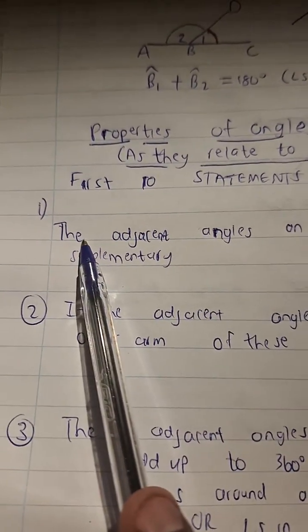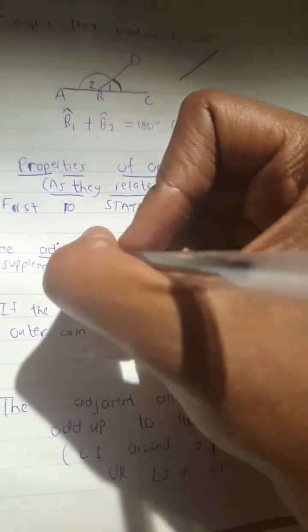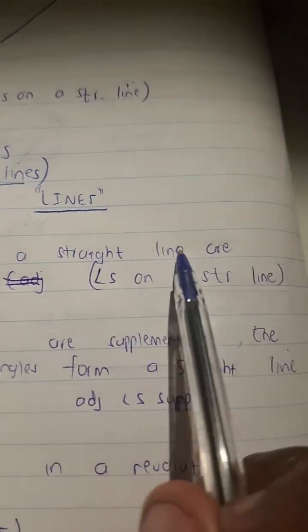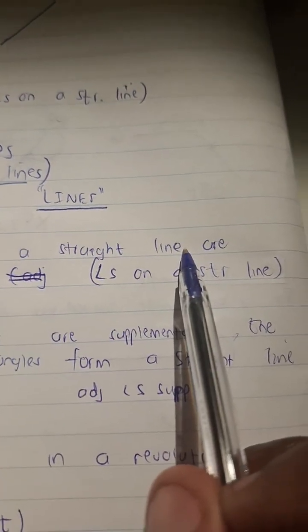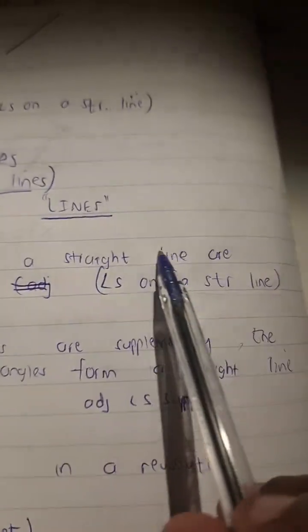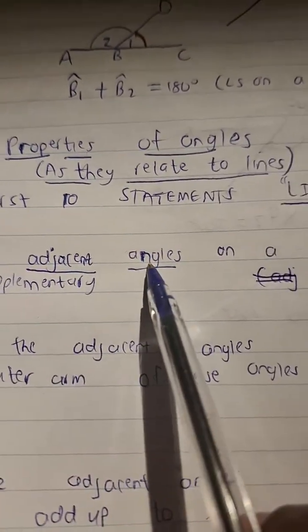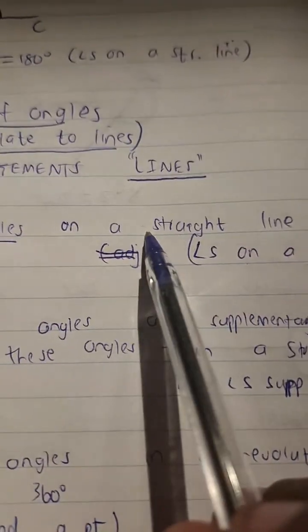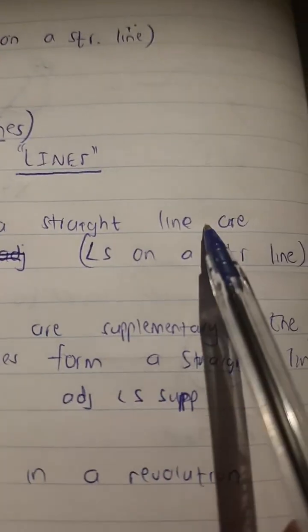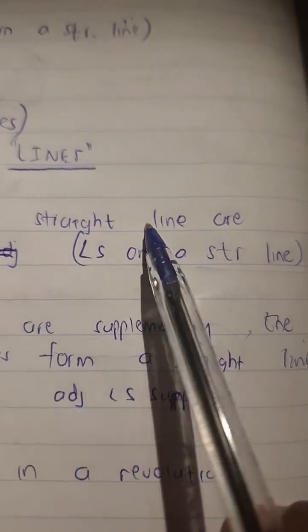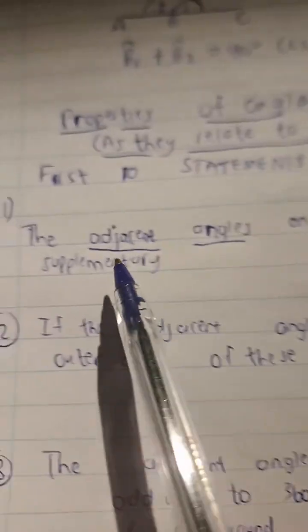So the first one is that the adjacent angles on a straight line are supplementary. Remember, when we say adjacent, we are talking about angles next to each other on a straight line. Those angles are supplementary.